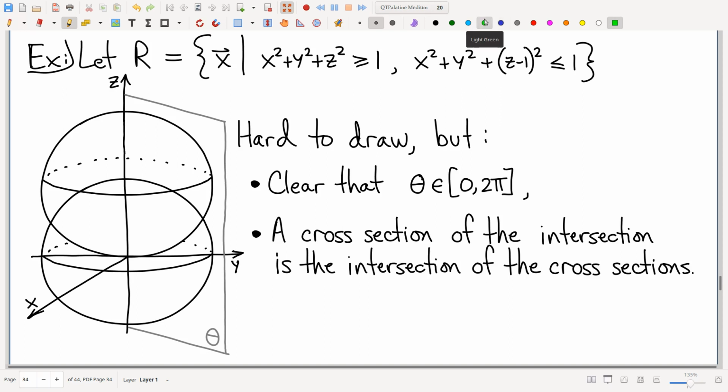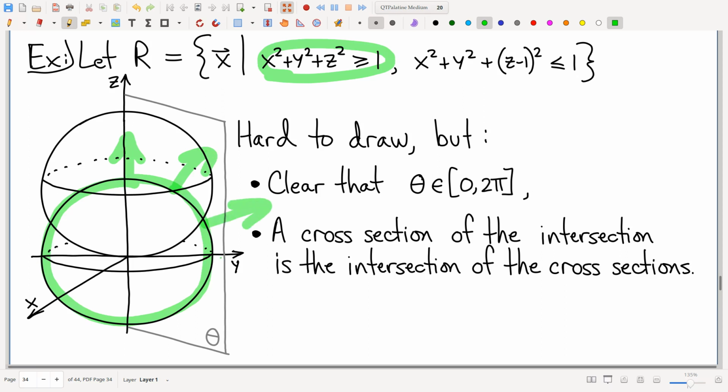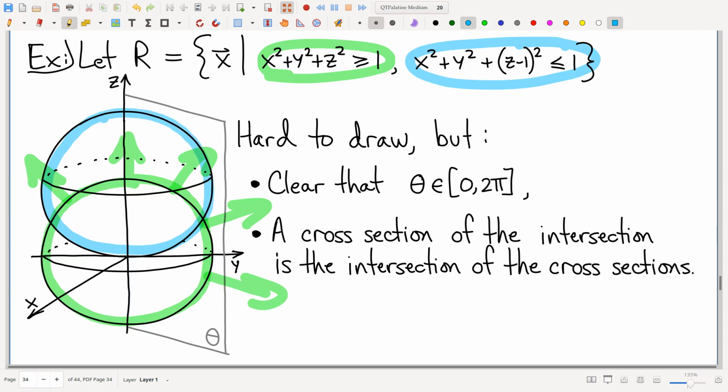But keep in mind, what we're looking for is points, as indicated here, that are outside of the unit sphere but that are also inside of this other sphere. And now you just got to think about the geometry of this.